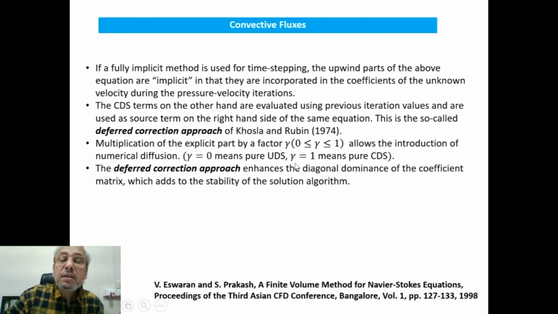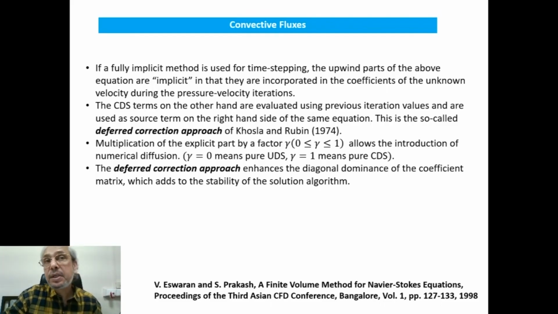So here basically we have to, since if you compare it with the schemes we used for simple or MAC, they also used something like alpha, which varied between 0 and 1, but there when it was tilting towards 0, it was getting closer to central difference.